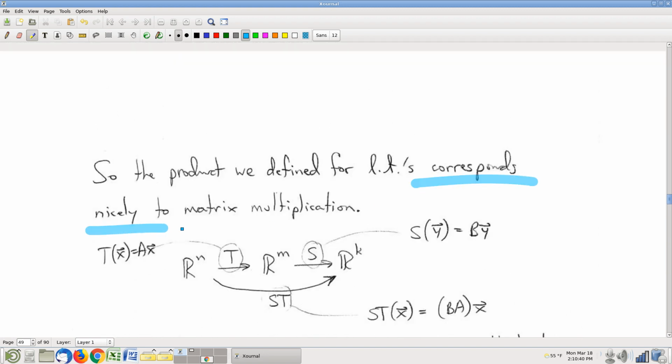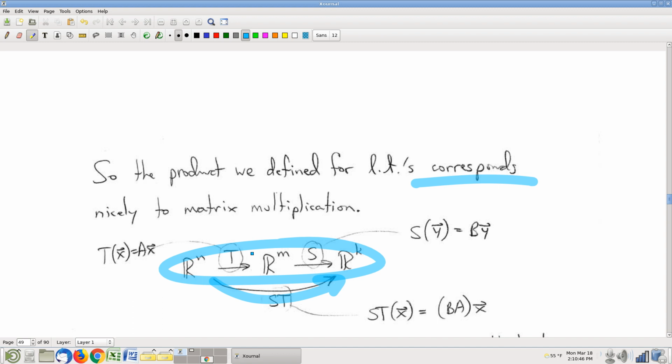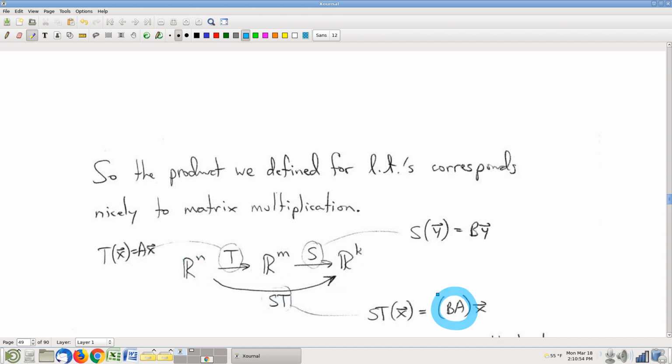It corresponds nicely. If you multiply two linear transformations in the sense of composing, the way we define multiplication for linear transformations, the resulting matrix is the multiplication of the two individual matrices representing the transformations individually.